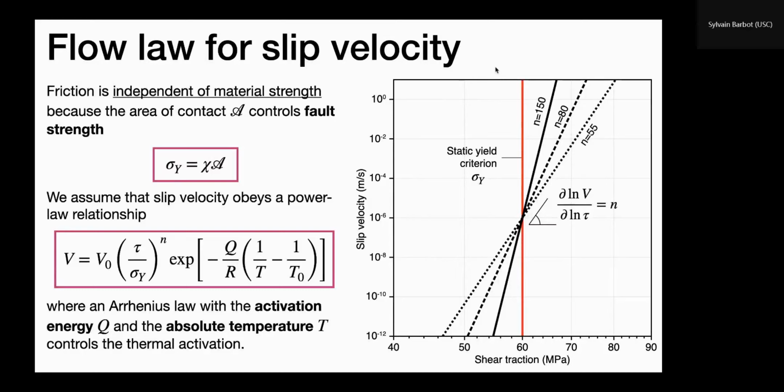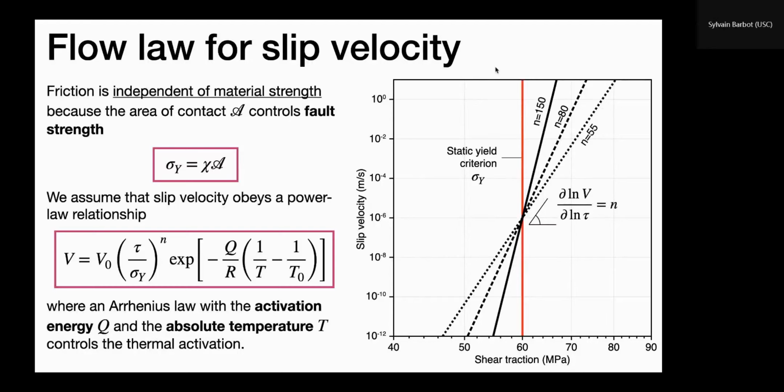And that's expressed in this second expression here, where the velocity is proportional to the stress to a power n times an exponential of a function of temperature. So what does that mean? It means that if the stress is greater than the yield strength, you raise this to a power n, and it's very large.